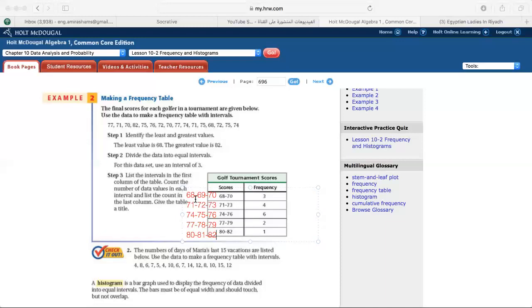How many values do I have for the 3 numbers? I'm searching for 68 and 69 and 70.